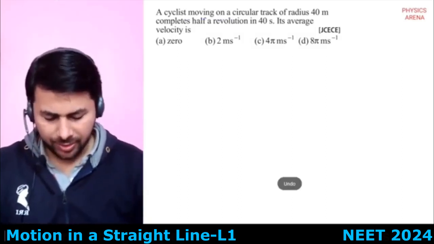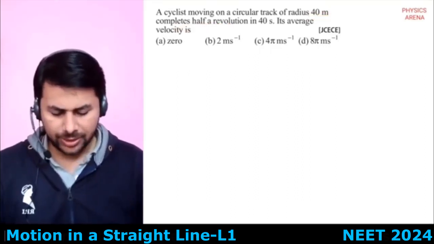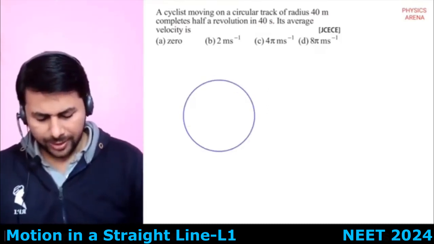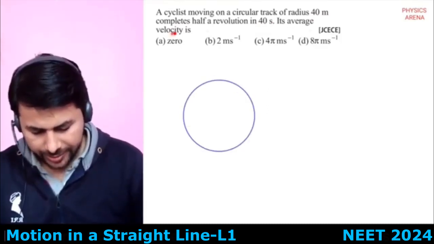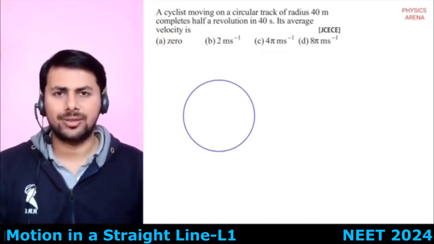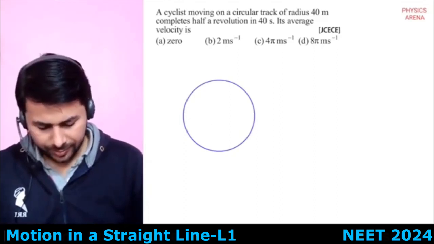Cyclist moving on circular track of 40-meter completes half a revolution in 40 seconds. So you have to find out whenever velocity is asked, you have to find out the displacement, right? What will be its displacement in half revolution?